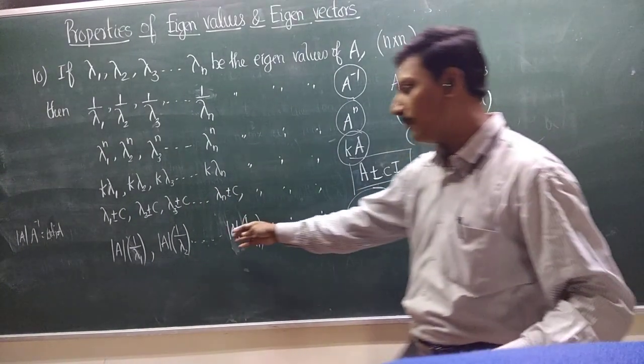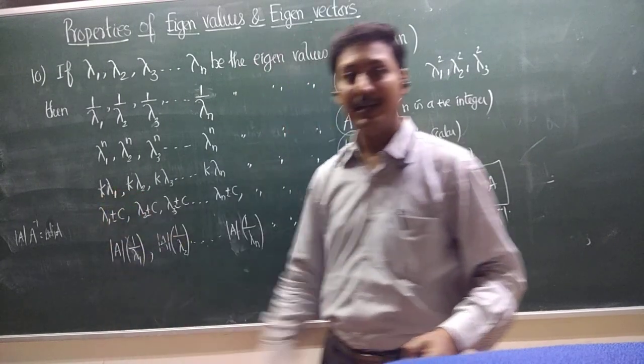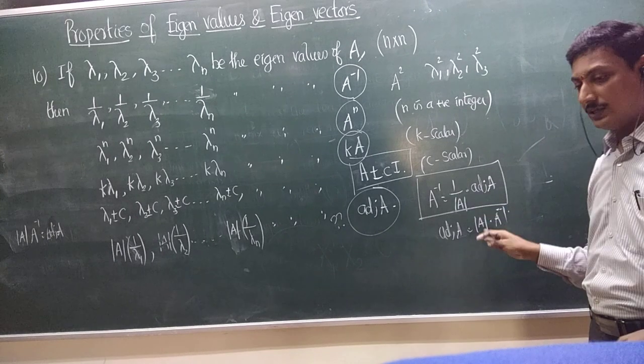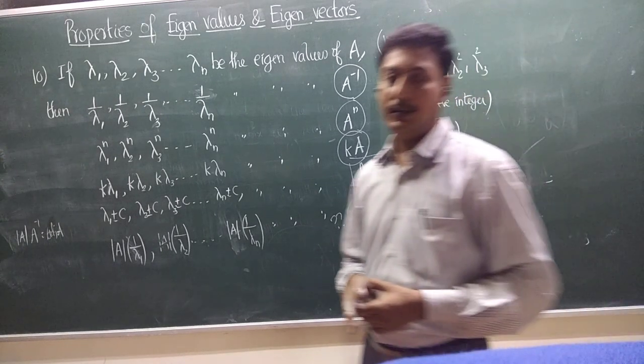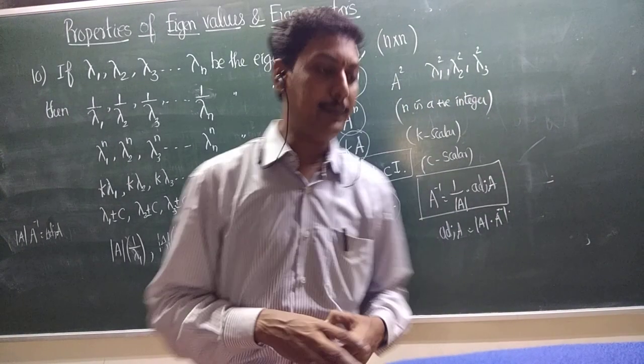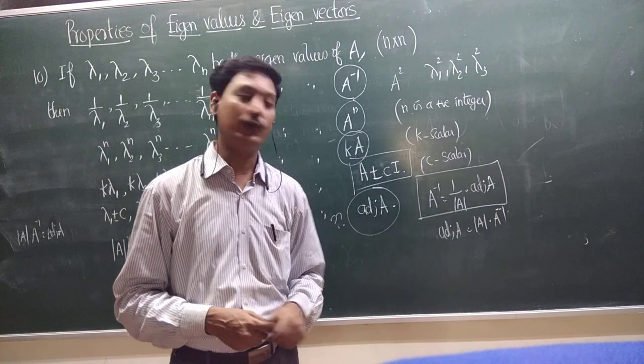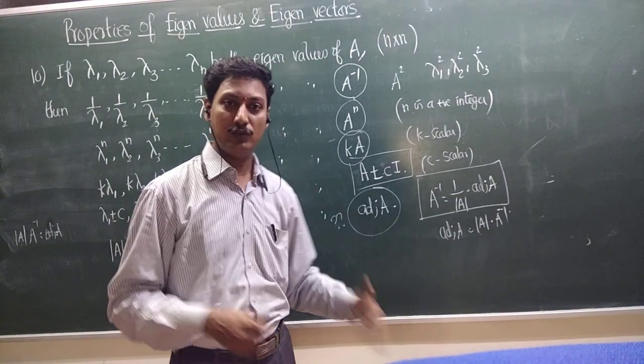The determinant of A is nothing but a constant, so it looks like a scalar multiplication. Why do we use the inverse? Because A inverse is equal to 1 by determinant of A into adjoint of A. So in this way we get the adjoint of A equal to determinant of A into A inverse. So this is the concept.